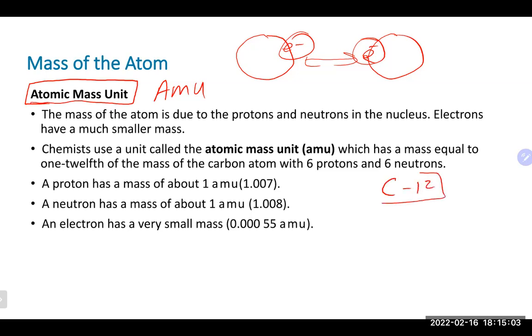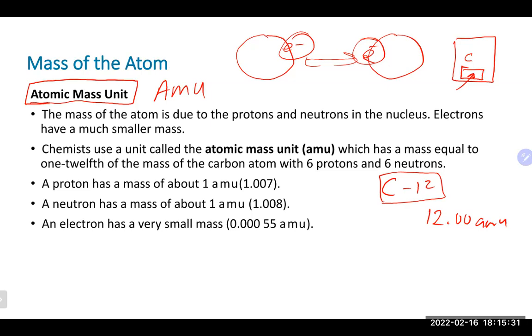Carbon-12 has 6 protons, 6 neutrons, and a mass of exactly 12.0 AMU. Another place you can find the atomic mass of things is on the periodic table. The number underneath the symbol is the atomic mass of each element. We'll talk more about how we get to those numbers in just a second.